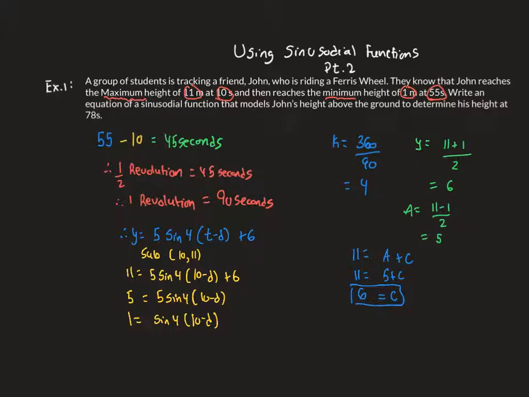Then you want to take the sine inverse of both sides, which will give you 4 times 10 minus d.